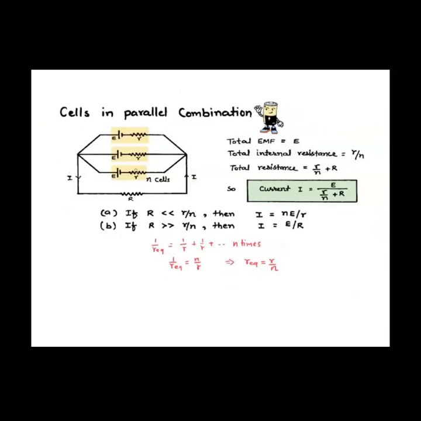Now let's see cells in parallel combination. So here children, again n cells are connected in parallel. Now when do we say that the cells are connected in parallel?